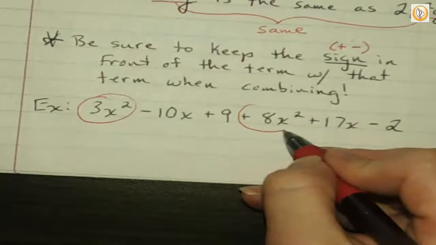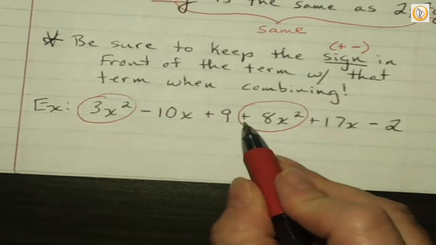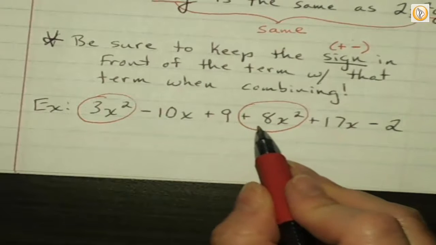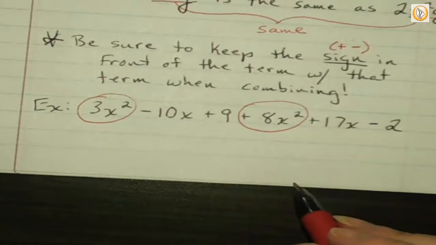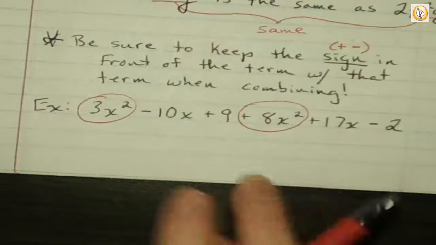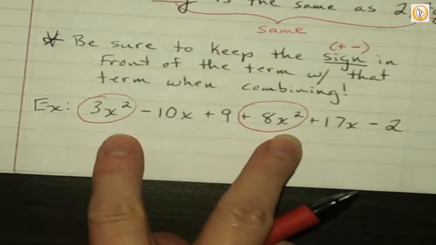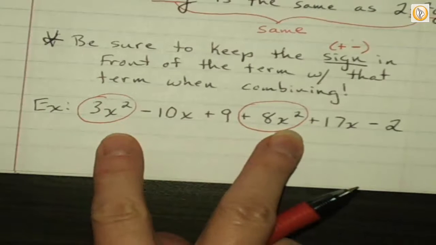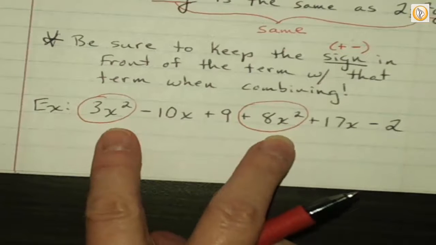And look, I'm circling the 8x squared, but I'm including the plus sign, and you need to as well. You'll see why. Are there any others that can be combined with the x squared? Are there any other x squared? No, she's correct. There are no more. So only these two can be combined.